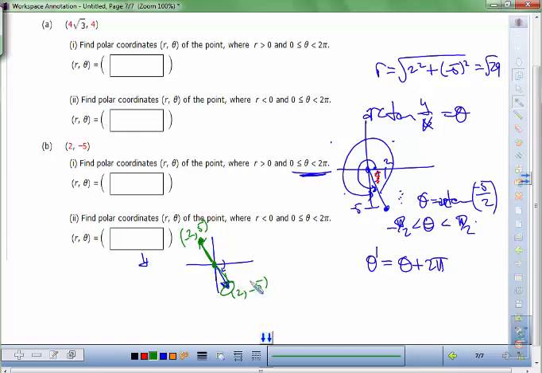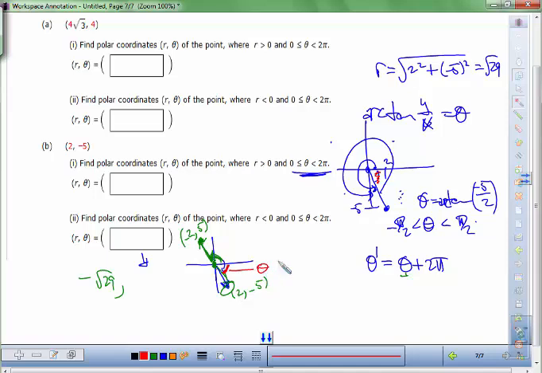Does that make sense? So if I have my pointer pointing in this direction, I can designate a negative r. So that's my r, negative. But then I have to have my angle pointing this way. So based on this angle over here, theta, which is the arctan of -5/2, that's this red angle over here.